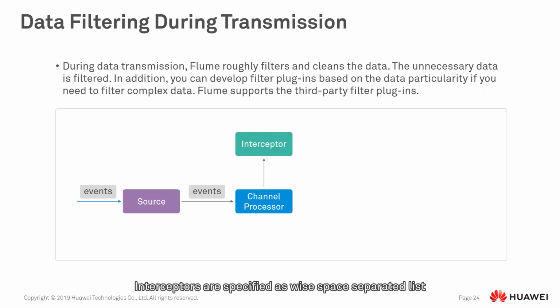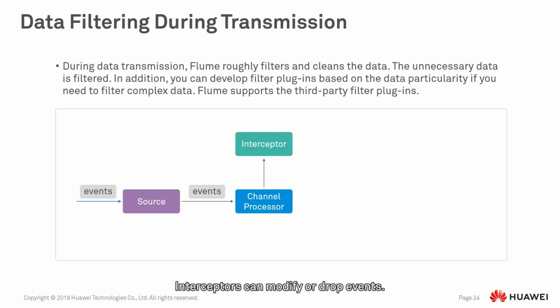Interceptors are specified as a whitespace separated list in the source configuration. The order in which the interceptors are specified is the order in which they are invoked. The list of events returned by one interceptor is passed to the next interceptor in the chain.